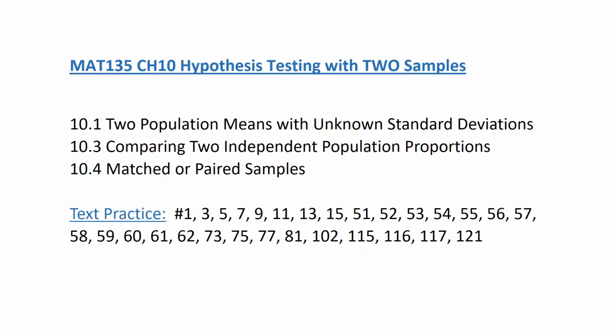I think you're going to like this chapter because what we are going to have an opportunity to do now is practice all the stuff we did in Chapter 9, hypothesis testing. That's all this chapter is, more hypothesis testing.